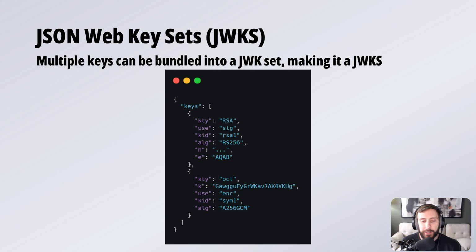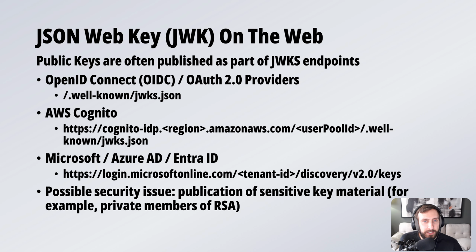We also can extend JSON web keys to what you'll probably more commonly see online, which would be JSON web key sets. And these are JSON objects where we effectively have an array of keys. So multiple keys can be bundled into a JW key set, making it a JWKS.